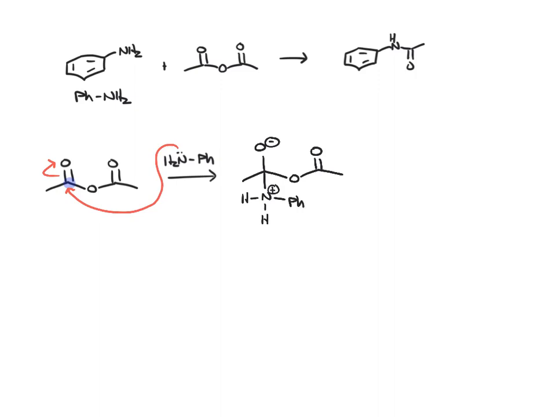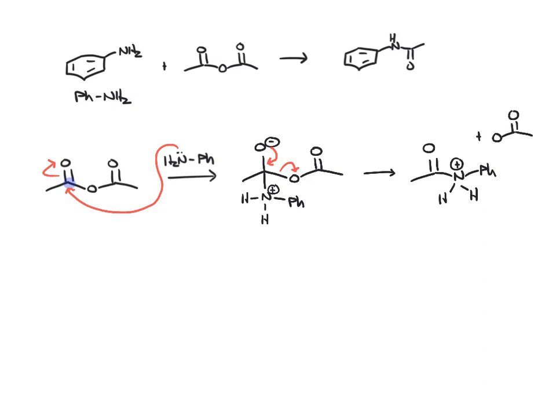We get this intermediate. Now we can push that lone pair down and lose the O- group. So we get that.